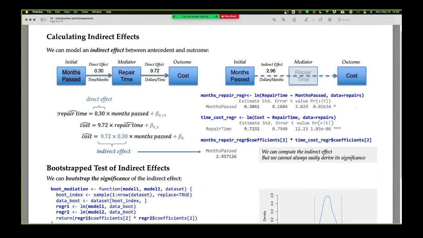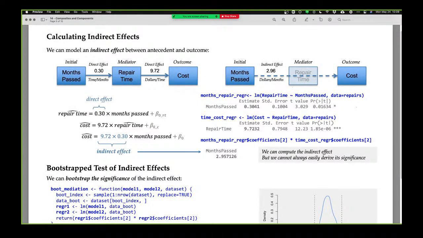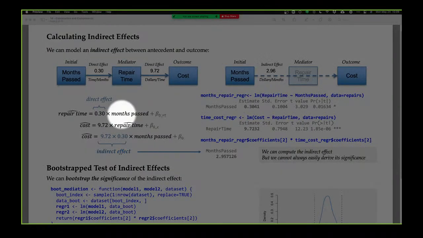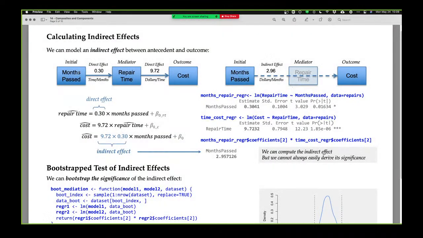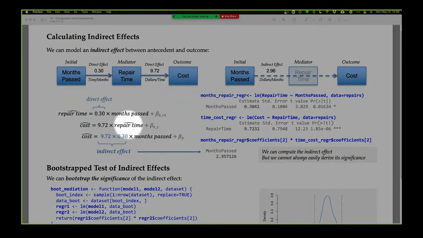That's going to be one of our regression models right here. It's how repair time has changed, and repair time is down here, based on the months that have passed. All right. So this is one regression that I'm going to look at. The second regression I'm going to look at is how the cost has changed based on the repair time.